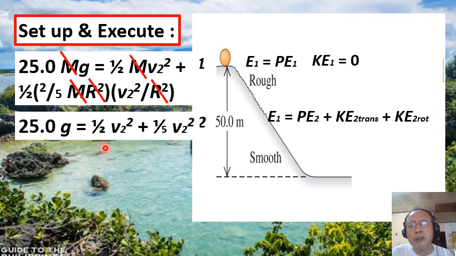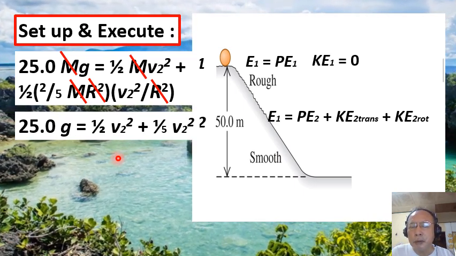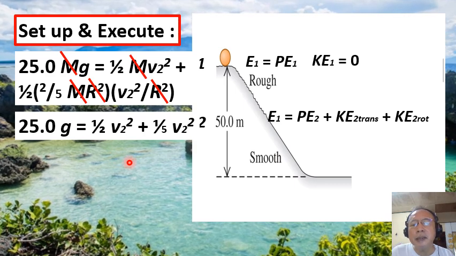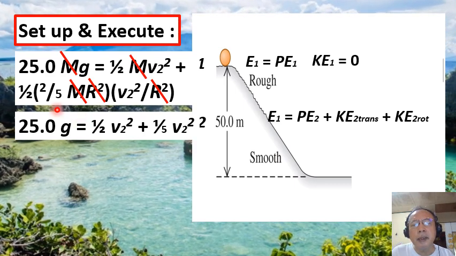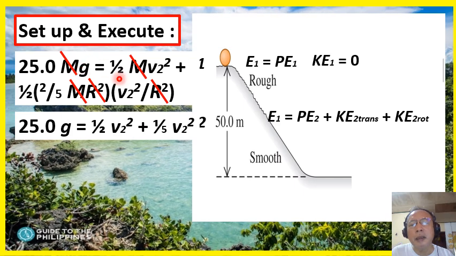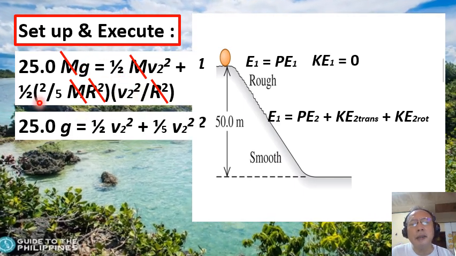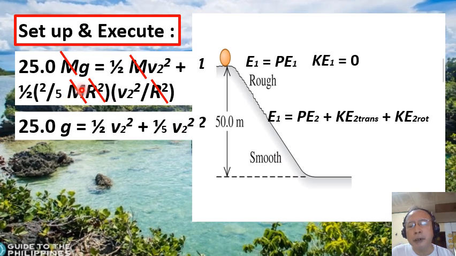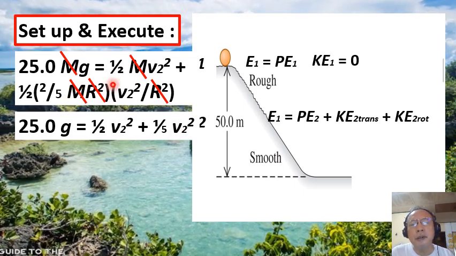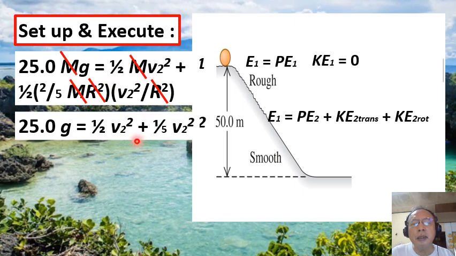So in the question, the mass of the boulder was deliberately not given. Instead, it gets canceled in the process of our computation, just like what we have here now.